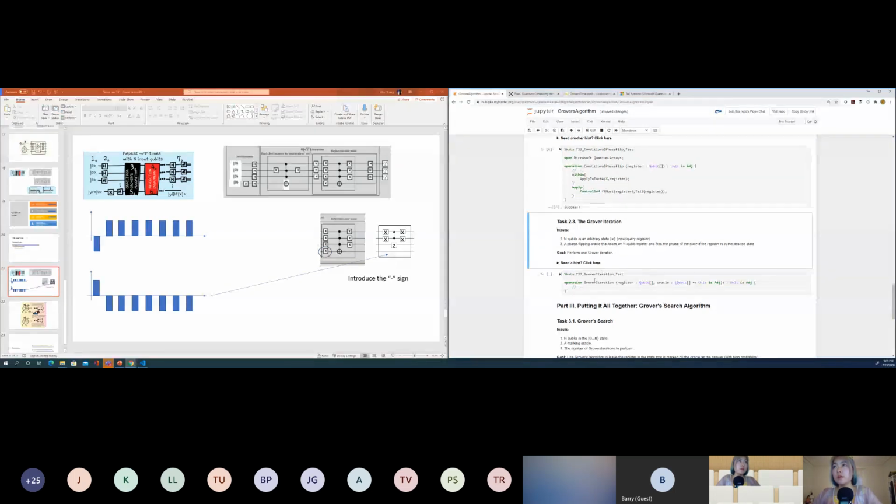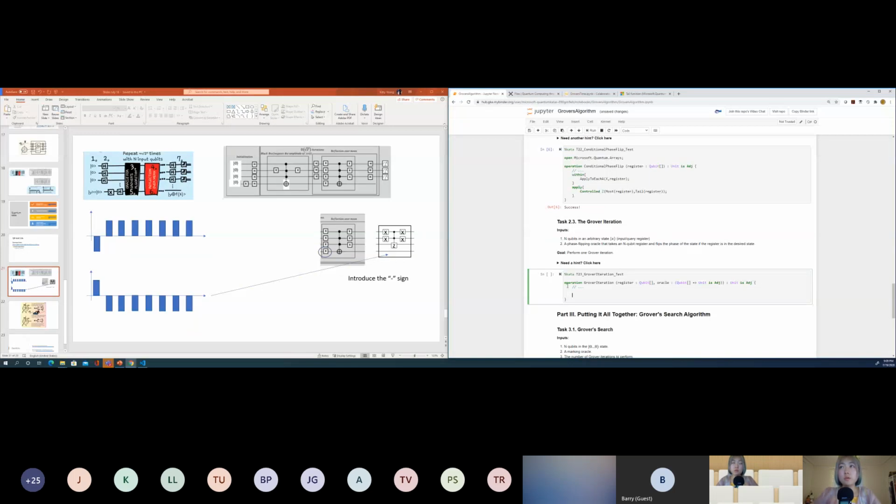The very last step is allowing us to put everything together. So doing the iterations. It's exactly like what we set up on the left here.